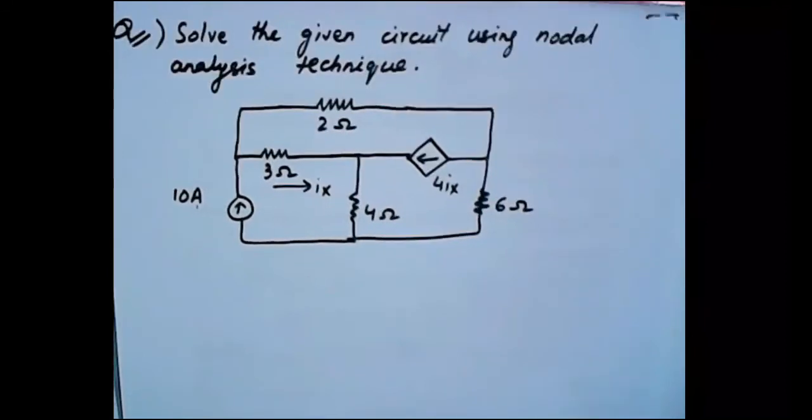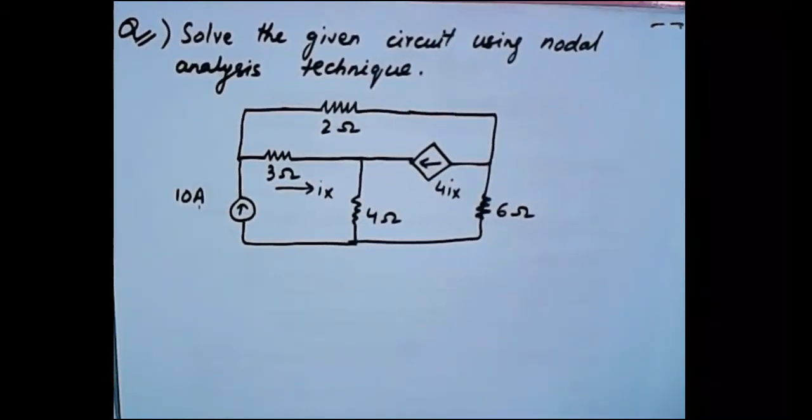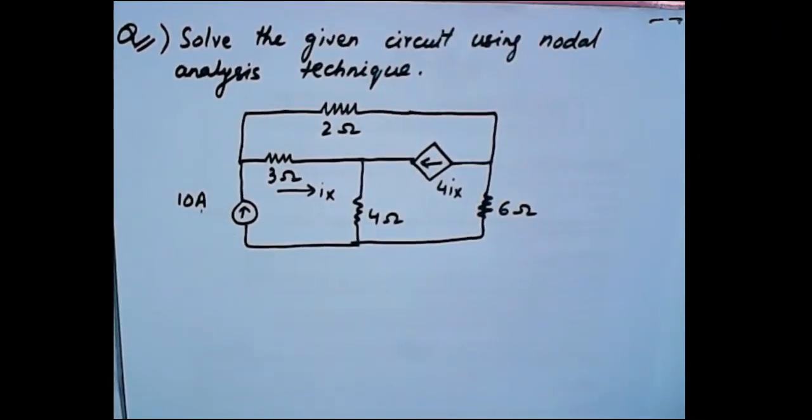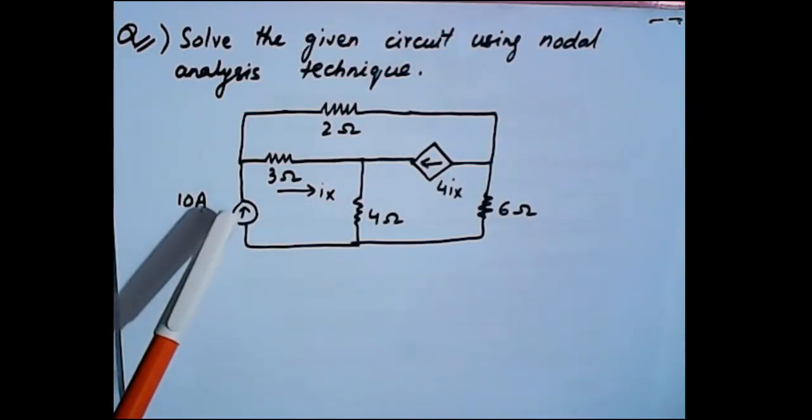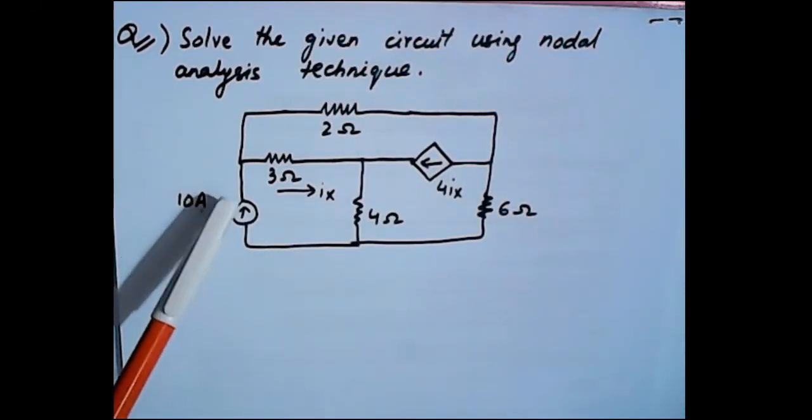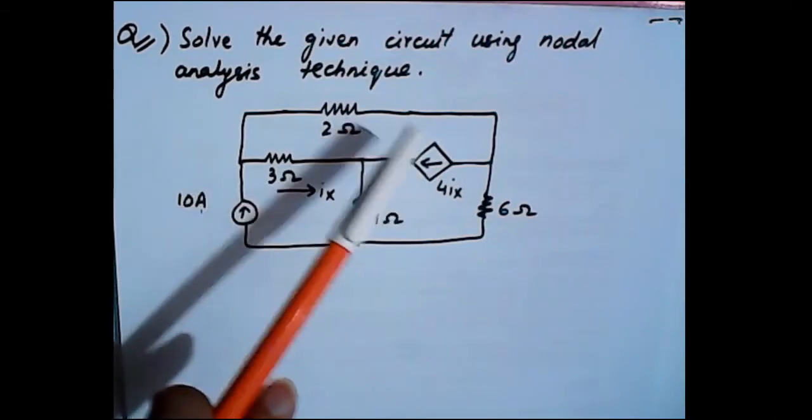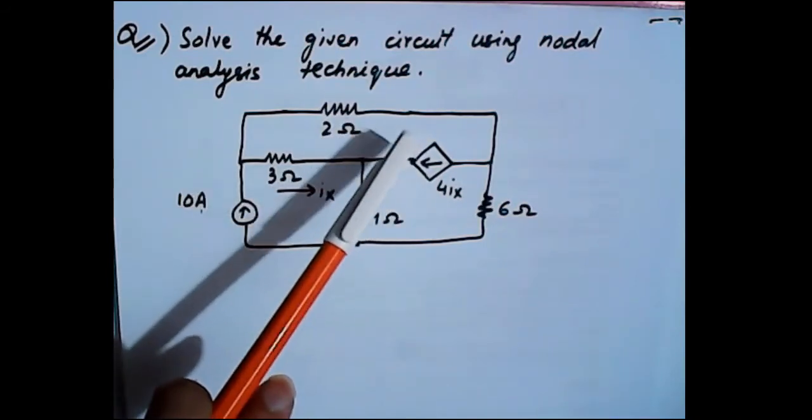I hope it's fine now. Okay. If you remember the very first lecture of this course, we discussed that there are two types of sources, independent source and dependent source, and that independent sources are represented by a circle, whereas dependent sources are represented by a rhombus sign.